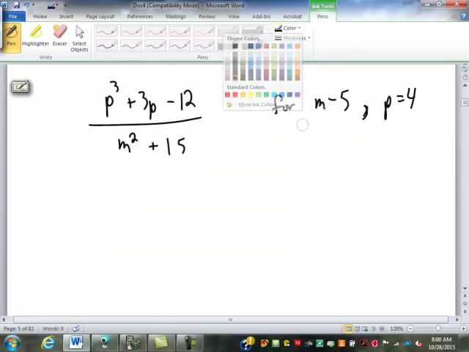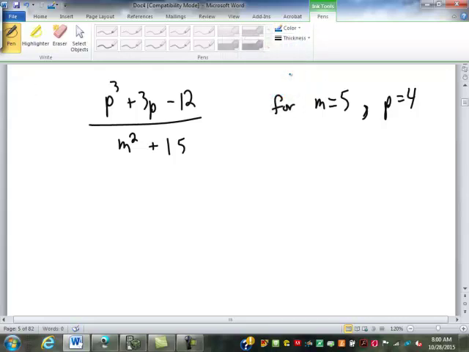Yeah, it's m equals positive 5. So, substituting in the numbers, this is going to become p to the third is going to be 4 to the third plus 3 times 4, 3p becomes 3 times 4, minus 12. And then on bottom, what do we have? m squared is 5 squared plus 15.